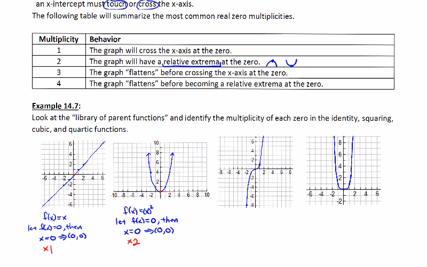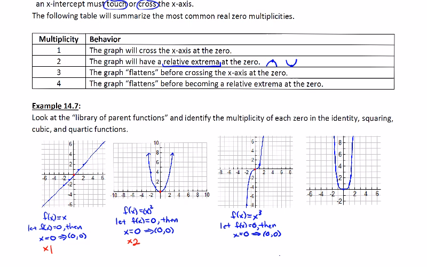Multiplicity of 3 is going to be coming from something like the cubic function, which is f of x equals x to the third. So if I have f of x equals x to the third, and I let f of x be equal to 0, then I would end up with, surprise, surprise, x equals 0, which can be interpreted as the ordered pair 0, 0, and we can all see that there is the origin marked on the graph.